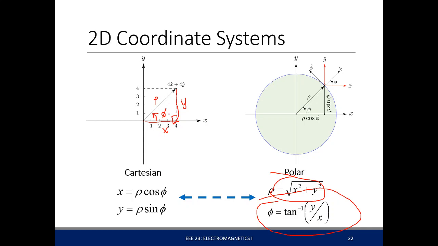Again, SOHCAHTOA: the cosine of phi is defined as the adjacent, which is x, divided by the hypotenuse, which is rho. And you'll get this equation here to convert your polar coordinates back to Cartesian coordinates, and it's also true with your y component.